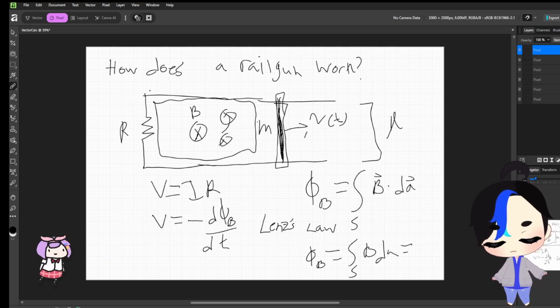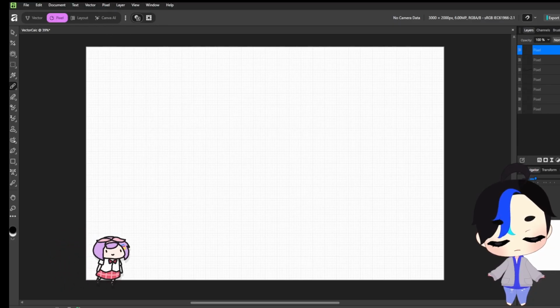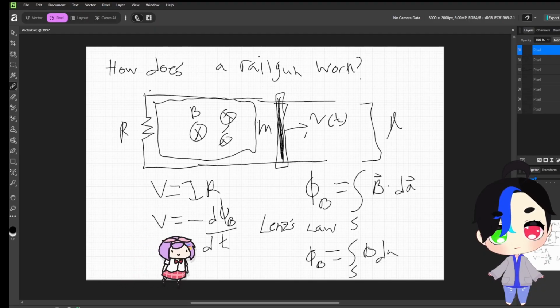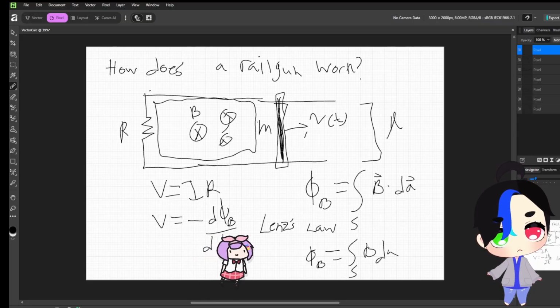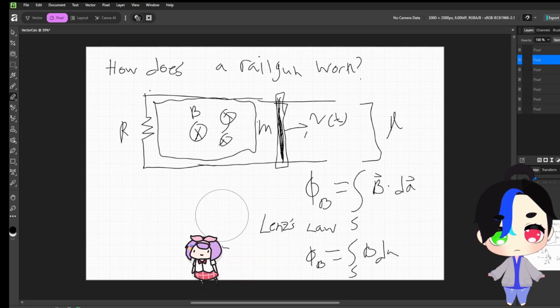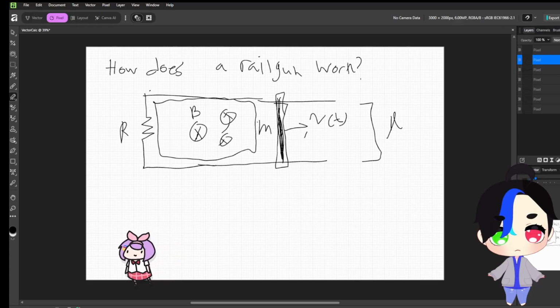Actually, let me do this on a separate page. Sorry, I'm going to erase this for a bit.